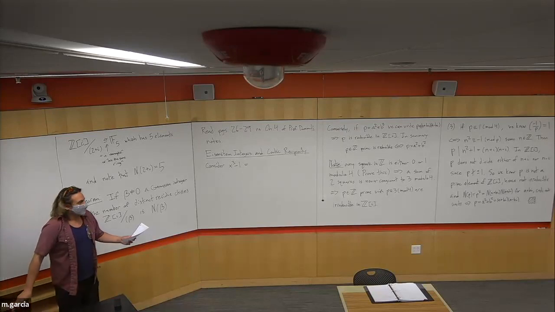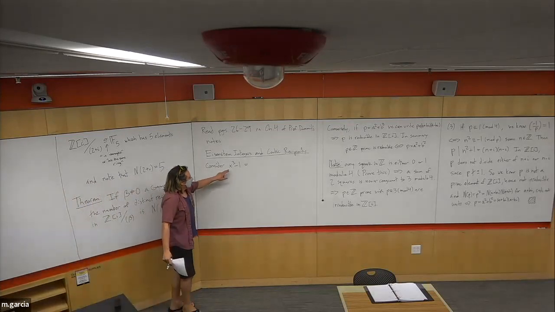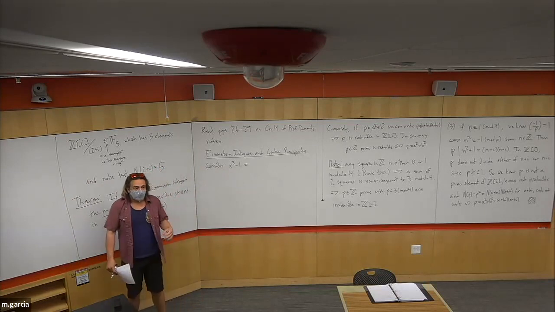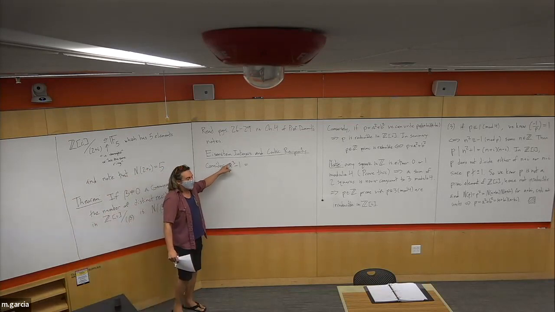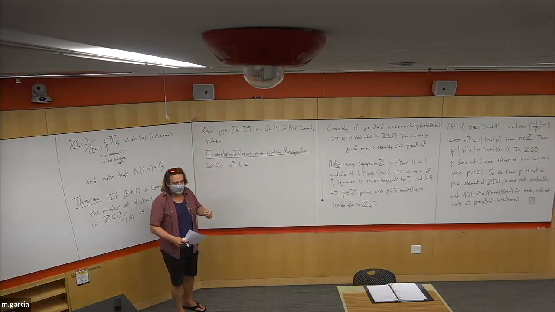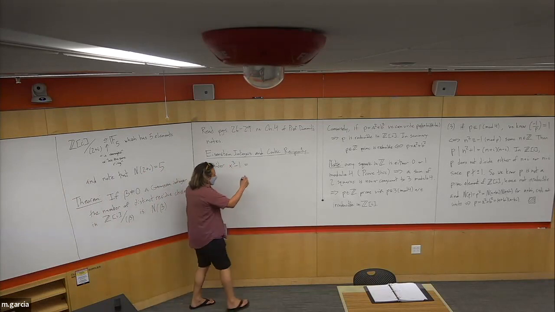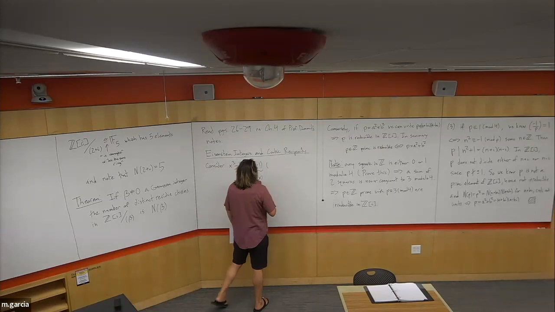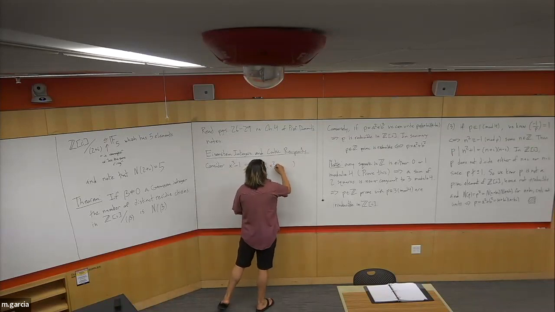We know that x to the third minus 1 can be expressed as a product of cyclotomic polynomials for all the divisors of 3, i.e. the first cyclotomic polynomial. What's the first cyclotomic polynomial? Yeah, good. So this is p sub 1 of x, and the third cyclotomic polynomial, yes, good, x squared plus x plus 1.